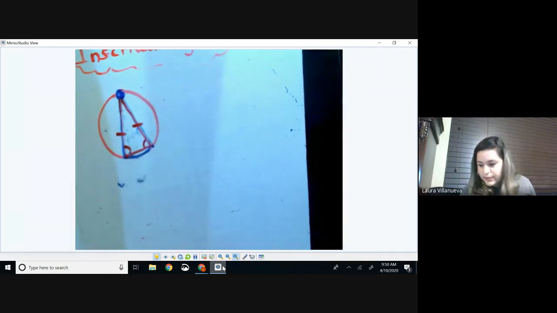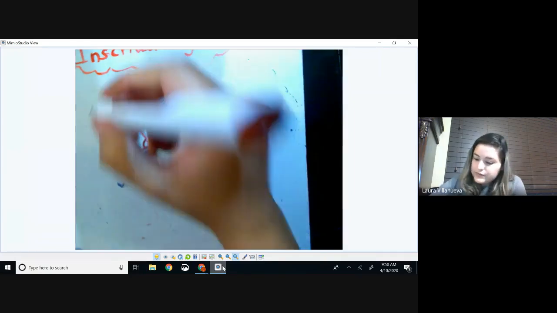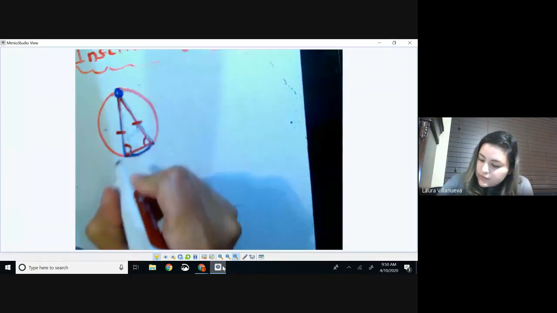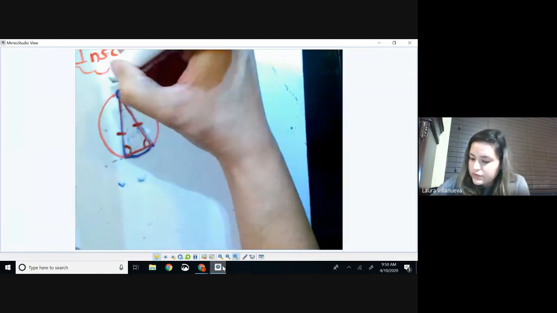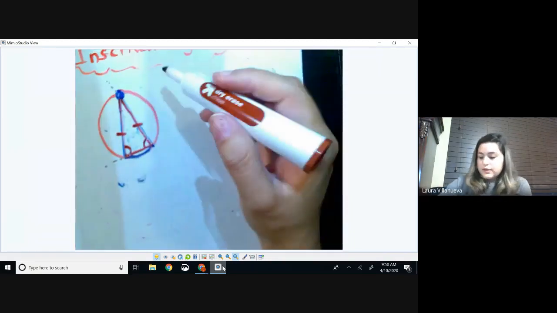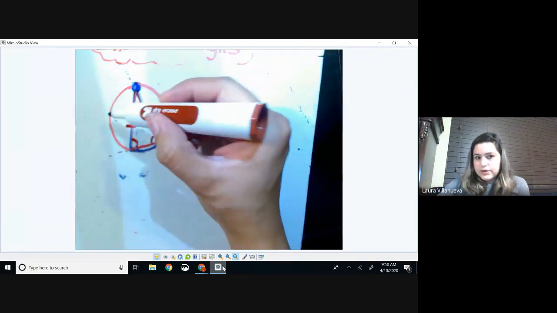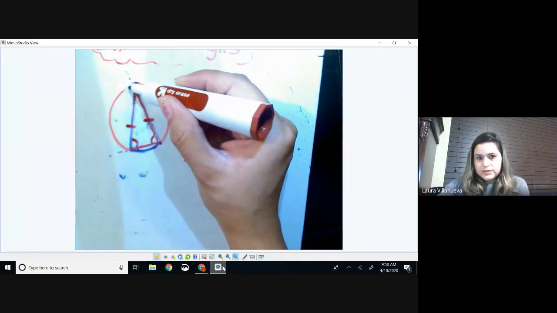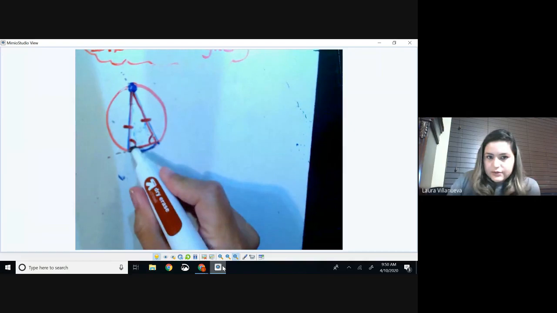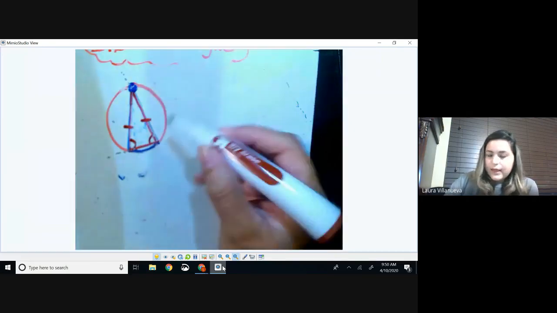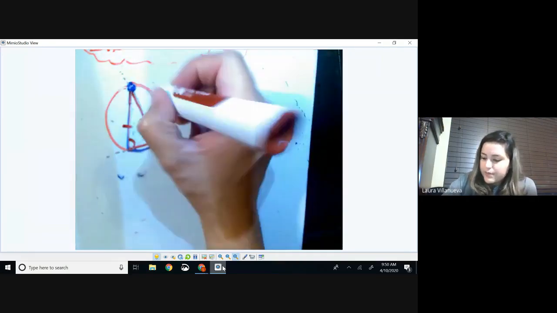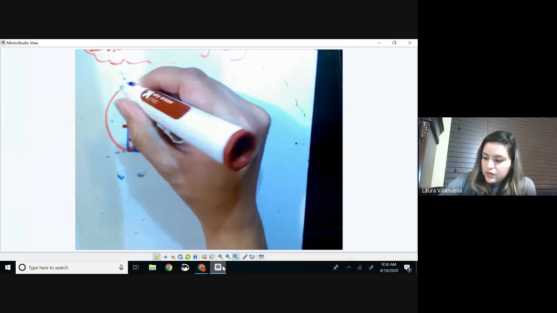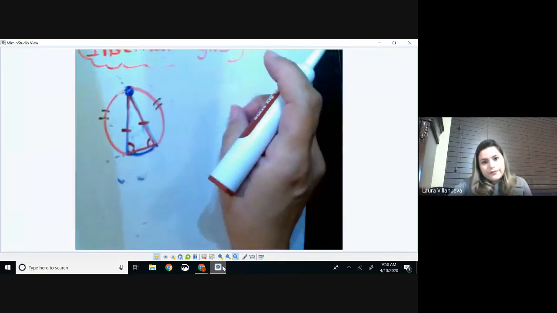Now think about it, because if you see that this is an inscribed angle, I'm just going to do this so you can see it a little bit better. This angle is inscribed to this arc. It intercepts this arc. And if these are congruent, then that means that these are congruent as well.